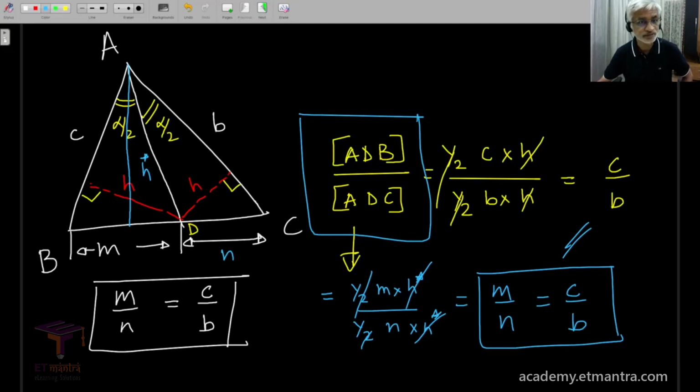But let's do the same proof in a slightly different way, because it's a standard construction.